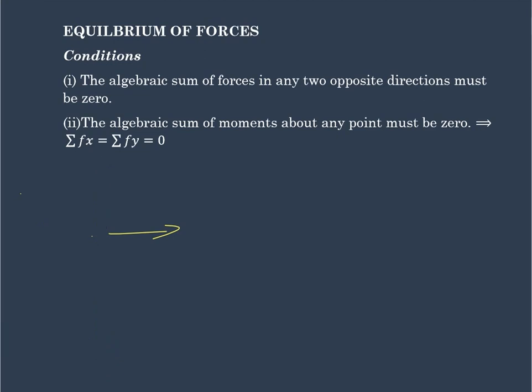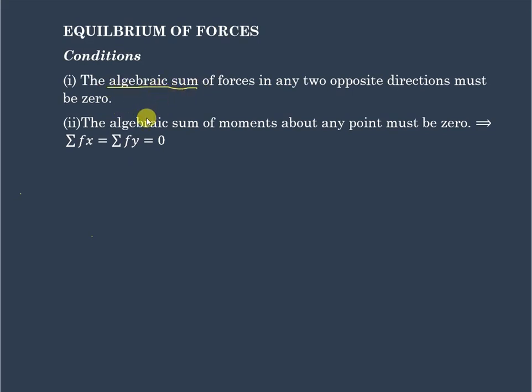And we are seeing the conditions that must be satisfied for a body to be in a state of equilibrium. The first one says that the algebraic sum of forces in any two opposite directions must be 0. Now, the learning point is this: algebraic sum.